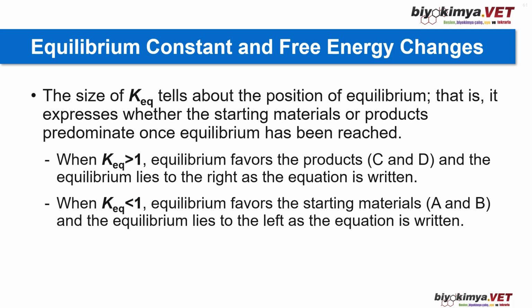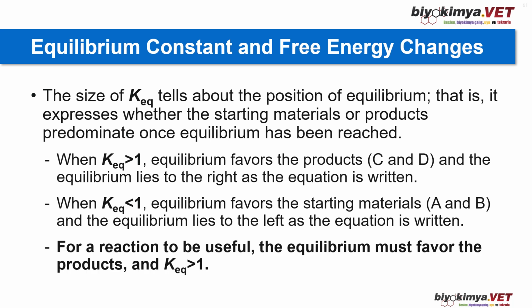When the equilibrium constant is smaller than 1, equilibrium favors the starting materials A and B, and the equilibrium lies to the left as the equation is written. And for the reaction to be useful, the equilibrium must favor the product, thus K must be over 1.